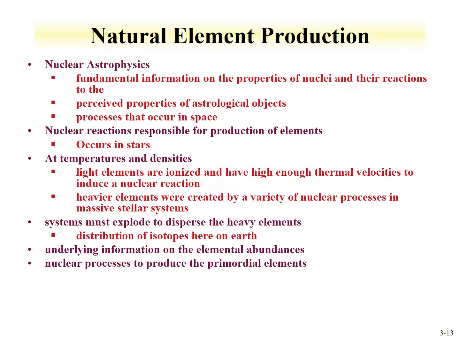For instance, the elements we get here on Earth were dispersed by stars through novae and supernovae. These nuclear processes that we just discussed are the only routes by which primordial elements are produced. These include the radioactive elements that we see today, the natural radioactive elements such as the uranium and thorium isotopes.